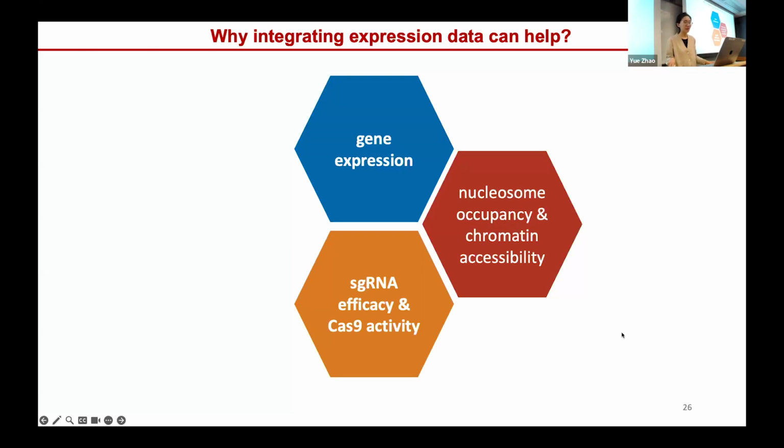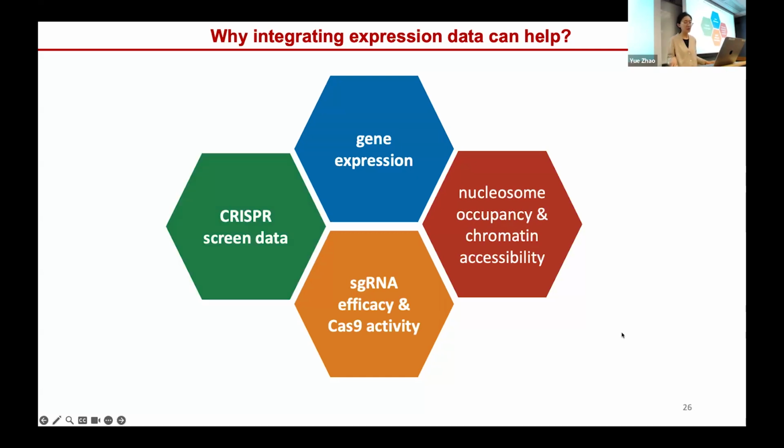This gives us some hypothesis or potential explanation why integrating gene expression could help. That's maybe because the guide RNA efficiency and the Cas9 activity information can be indirectly provided by the gene expression data. So taking advantage of the prior information from gene expression data could benefit the selection results.